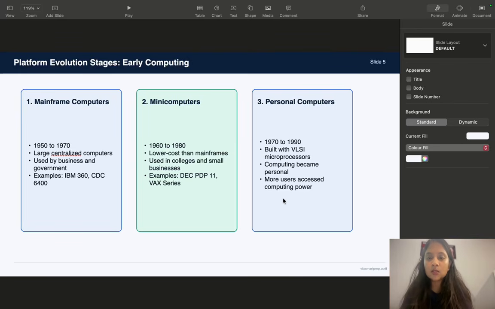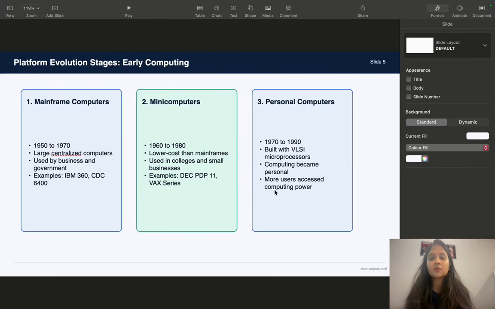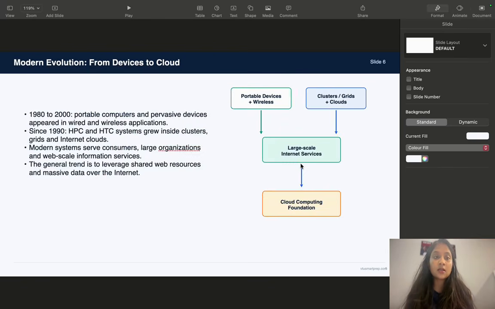So this theory part you have to remember: mainframe computers, minicomputers, and personal computers. Next is modern evolution from devices to cloud. Till here it is clear, from personal computers we had devices, right? It's easy to remember: first mainframe, next minicomputers, and then personal computers. That information you can just remember and write.